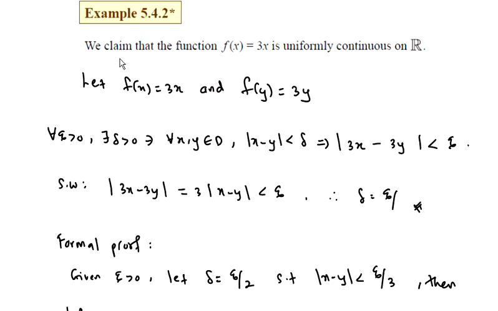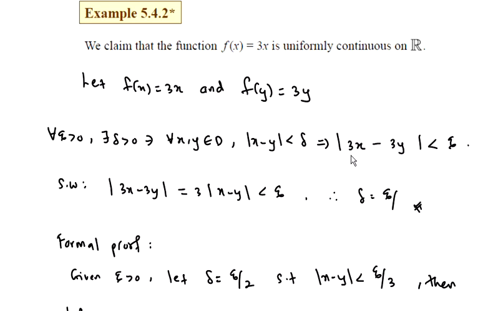Okay, example, we claim that the function f equals 3x is uniform continuous. So fx equals 3x, this is an equation of a straight line. Equation of a straight line, they are always uniform. From the definition, we let fx equals 3x and fy equals 3y. So substitute into the formal definition.